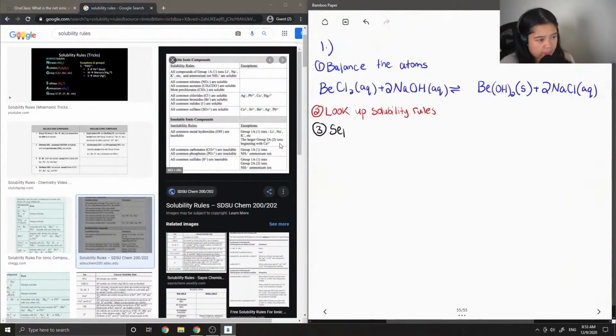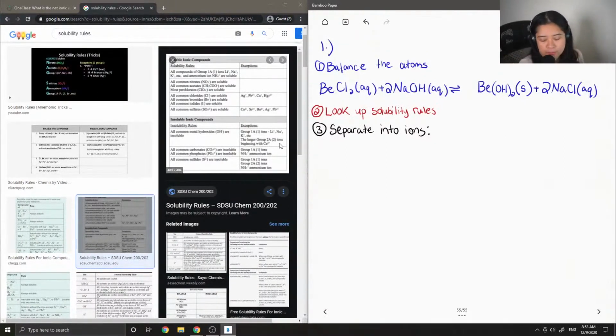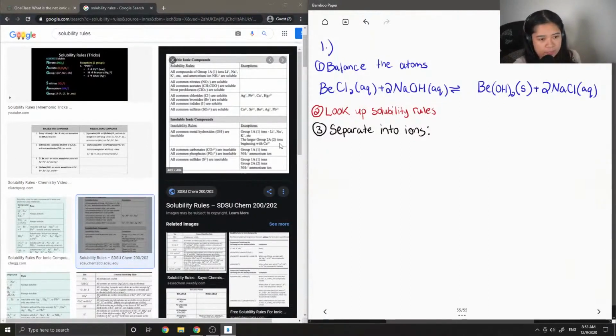next we want to separate them into ions. Okay, so typically all of our aqueous reactants and products will separate into their ions, but the solid beryllium hydroxide will stay as it is.